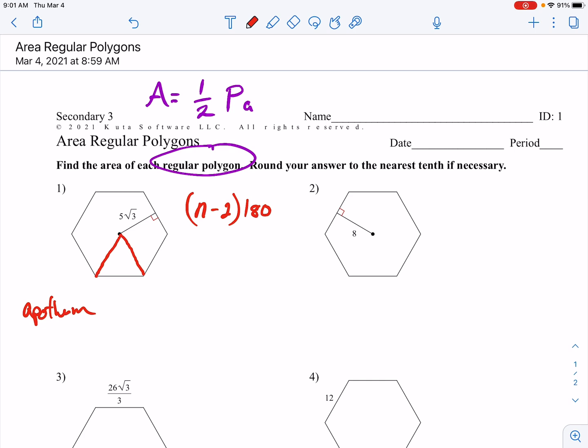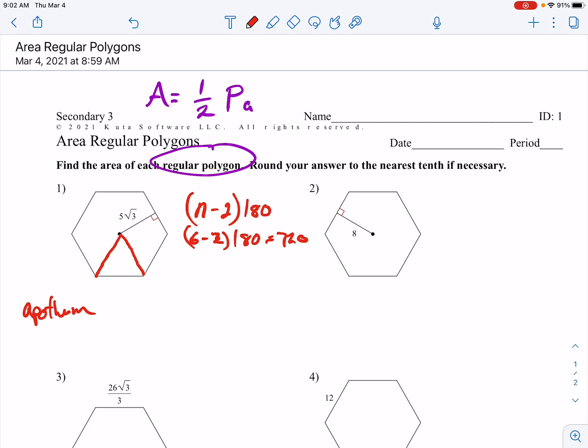You take away 2, that's 4. 4 times 180 is 720. So the angles have to add up to 720. If you divide that by 6, you get that each of the angles is 120.